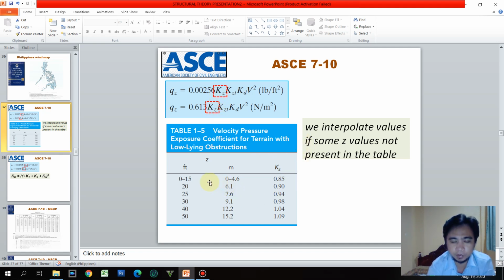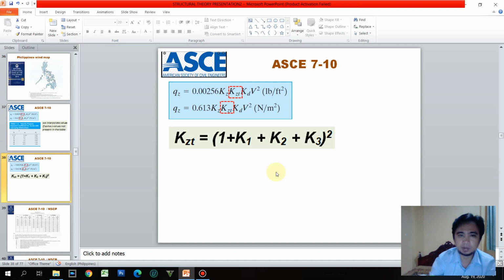However, if we do not have any available distance within this table, we are going to interpolate values of Z in order to come up with the value of Kz.